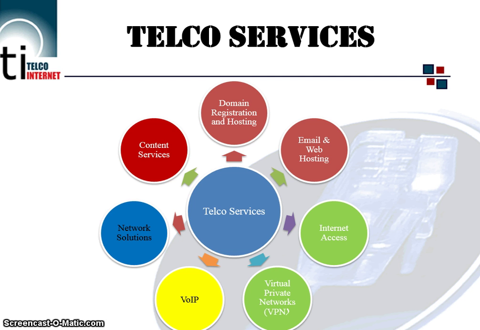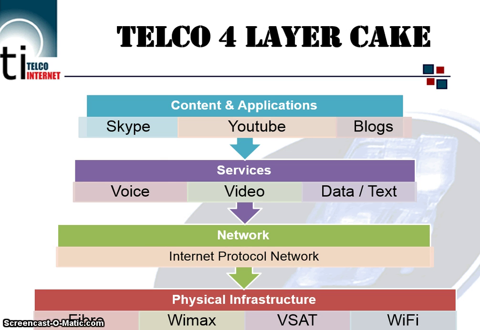So once again, as a broad overview, these are the range of telco services that we offer. All of these services are offered on the basis of telco's four-layer cake. Remember that the four-layer cake is comprised of physical infrastructure right at the bottom, on top of which we then overlay a network, which is basically the IP network.